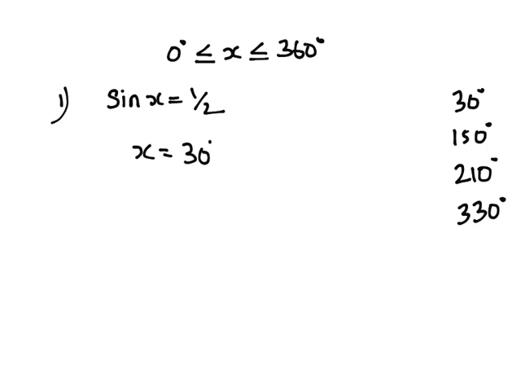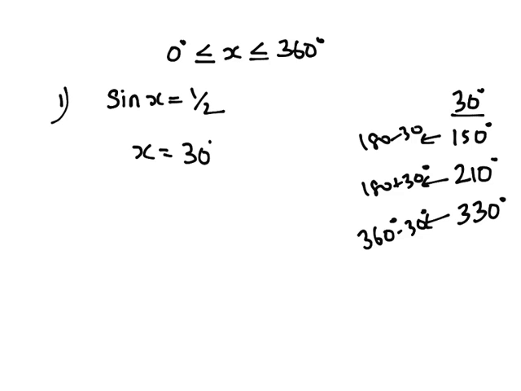So this is nothing but 180 minus 30, the second quadrant. This is 180 plus 30, the third quadrant, and this is 360 degrees minus 30 degrees, which is in the fourth quadrant. We know that 30 is in the first quadrant, this angle is in the second quadrant, this angle is in the third quadrant, and this angle is in the fourth quadrant, isn't it?